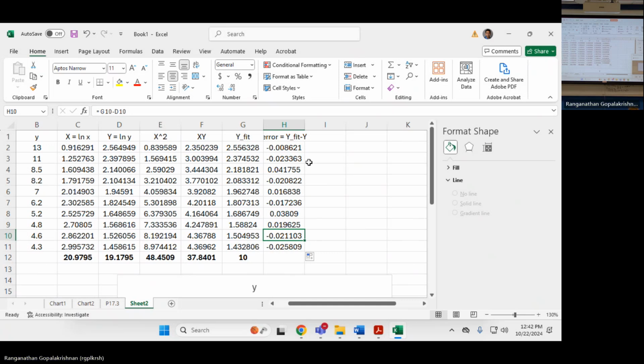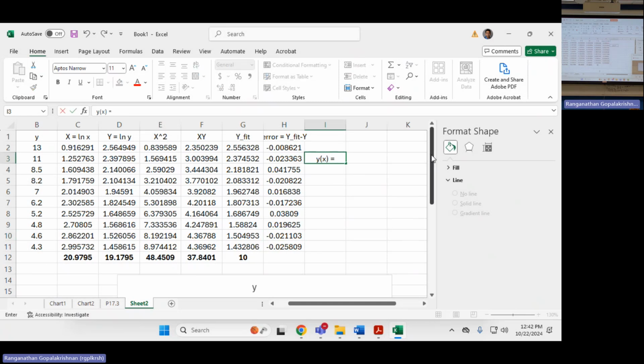Okay. And our transformed variable, that is the original data, we wrote y of x is equal to exponent of b times x power m. That is our original fit.